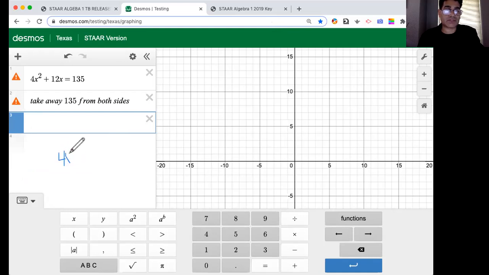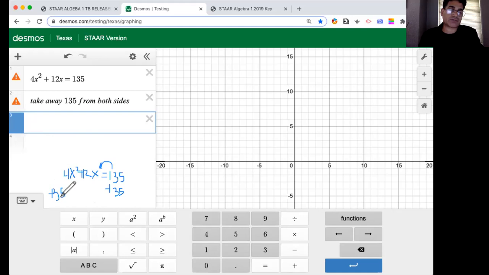4x squared plus 12x equals 135. Cancel out that 135. I could just write it as negative 135, but I want to remind you where it came from.